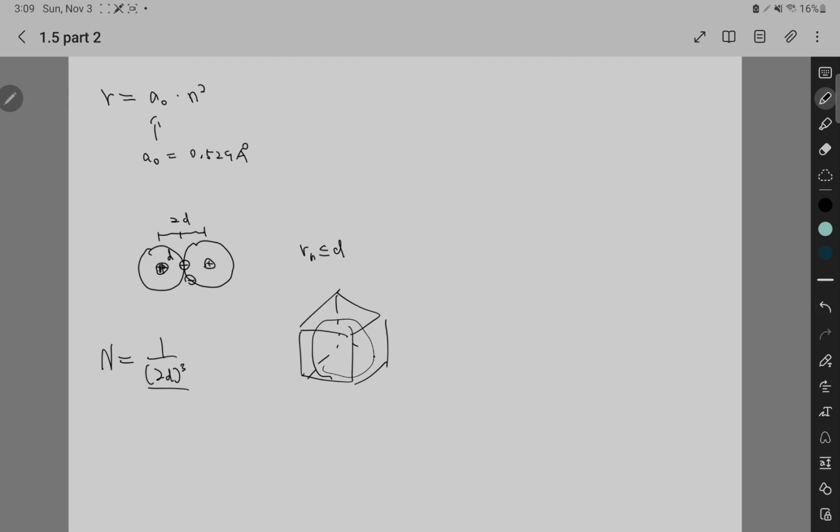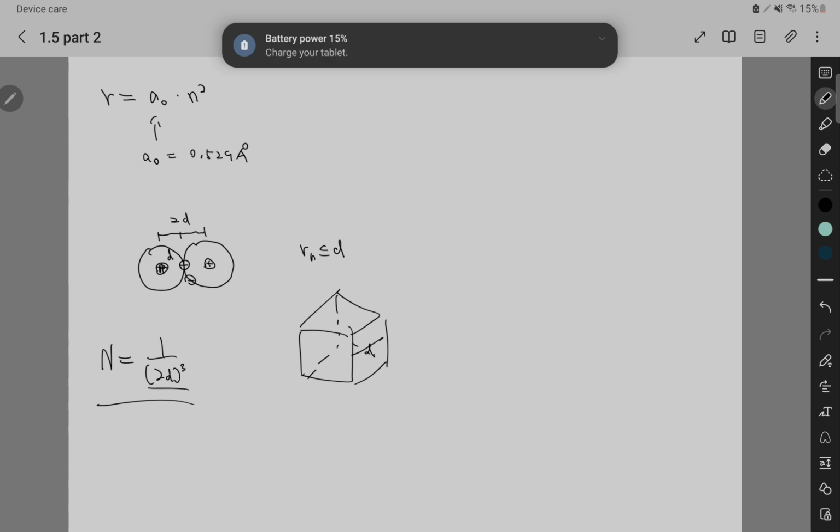It's kind of hard to draw, but you get the idea. We're approximating the volume of this hydrogen to be a cube, and then the side of this cube is 2d. So the volume is (2d) cubed, and the number density tells us that for every one atom, it takes up (2d) cubed amount of volume.